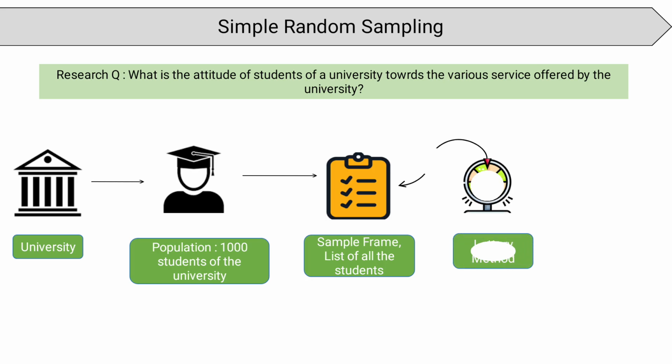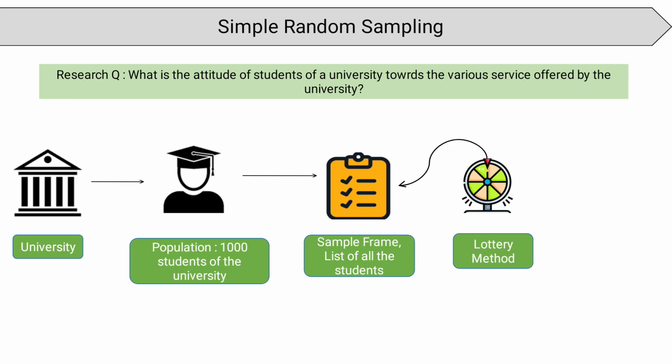Then you use some probabilistic technique like lottery method. Lottery method means you put all the names, 1000 names, on chits, and every time you draw a particular chit, you write it down and again mix that selected chit, shuffle, then draw again.